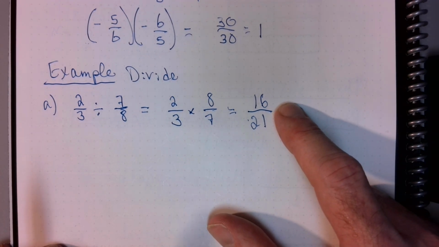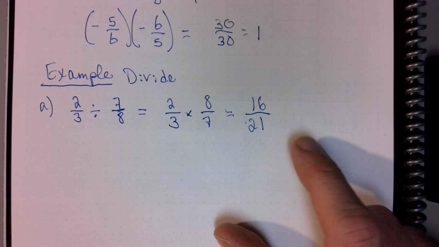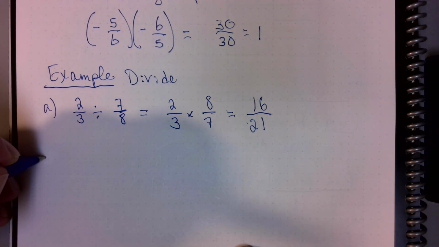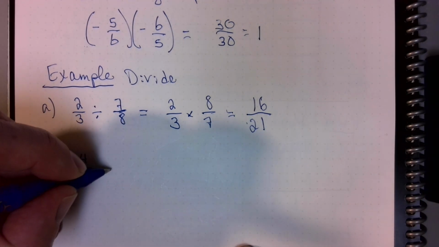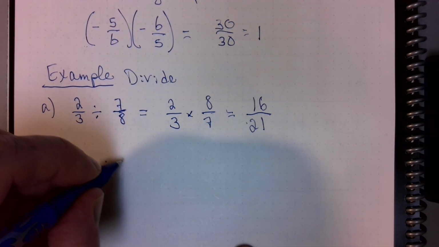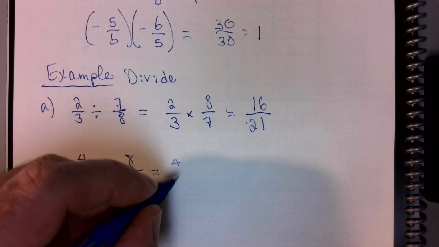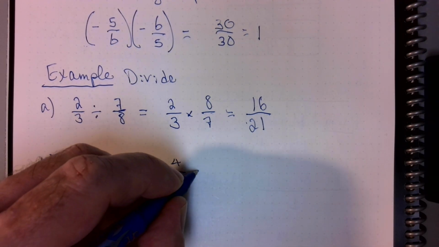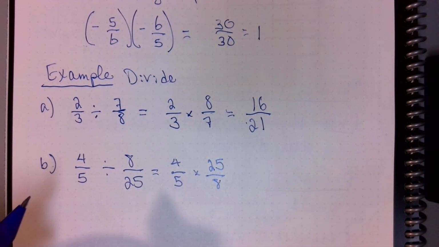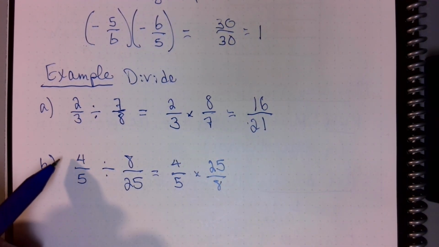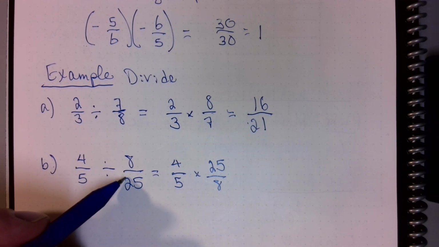This numerator only has factors of 2, and this has a 3 and a 7 for its factors. Let's look at another one here. Let's take 4/5 divided by 8 over 25. Same procedure. We are going to multiply by the reciprocal of the divisor. Remember, if you think back to our work on division, this is the dividend, and this is the divisor.